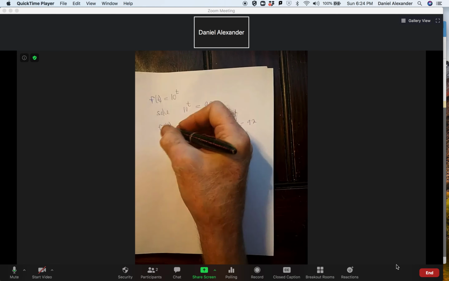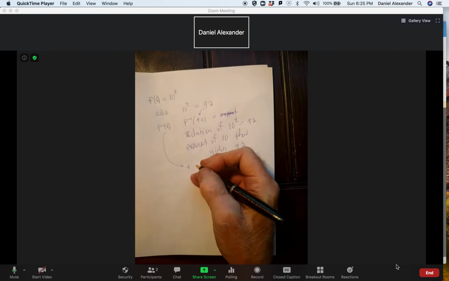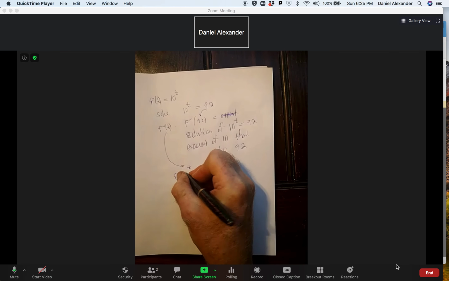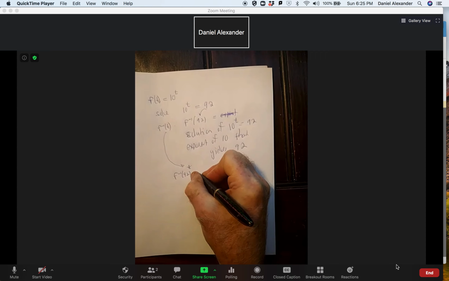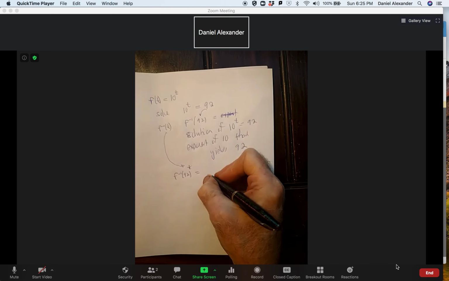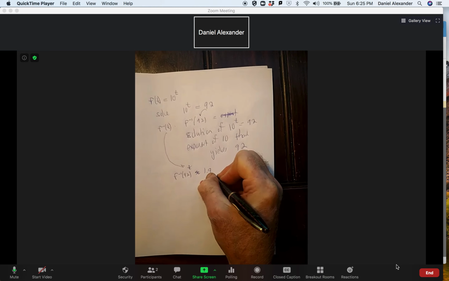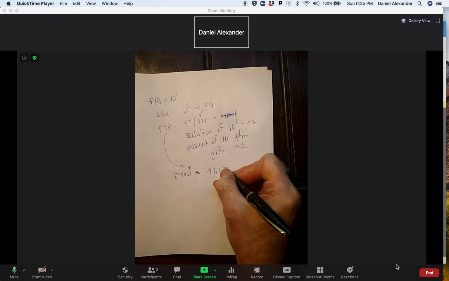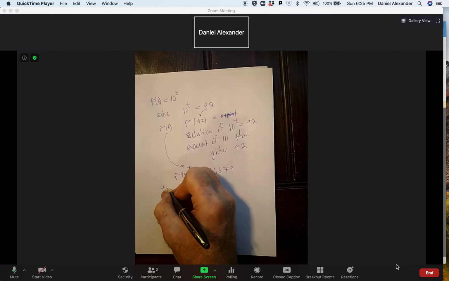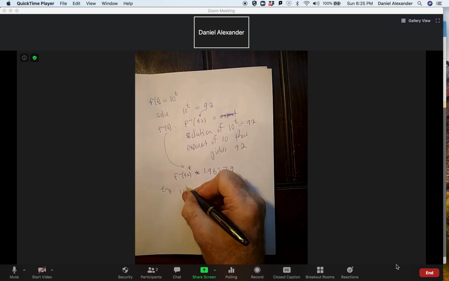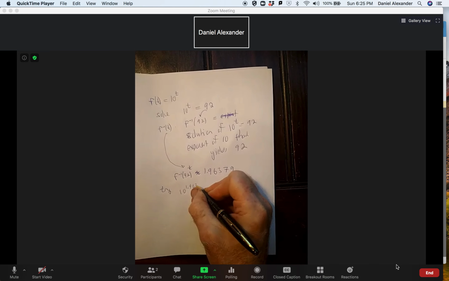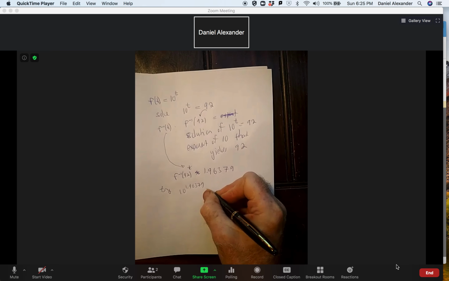If I can find this magical inverse function, and I plug in this number 92, what I get is about 1.96379. It's really going to be more digits. And you try it. Try 10 to this number and see what you get.